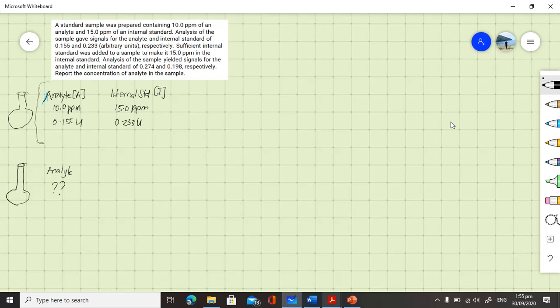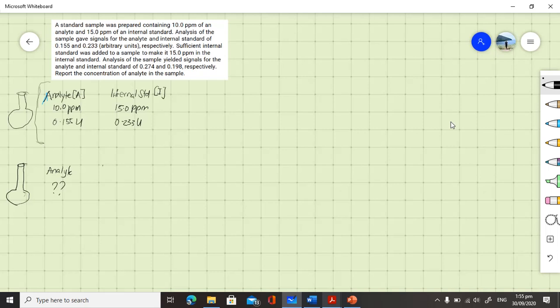You prepared 10 ppm, for example, if your analyte is sodium, 10 ppm sodium. Here, you have the sample and you want to know how much sodium is present in the sample. You don't know the concentration of the sodium, but you suspect that there is sodium in your sample.